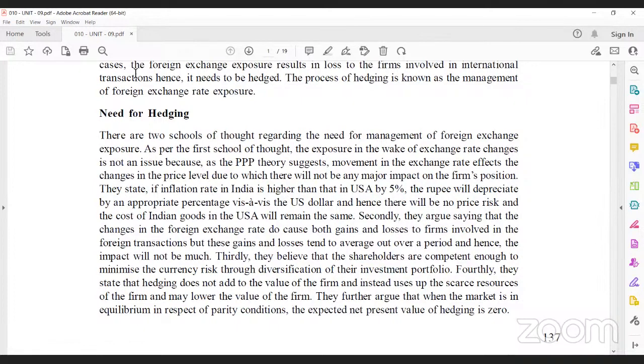So diversification is the thought. Fourthly, in a state where hedging does not happen, they use up all the resources. So they have a further argument that when the market is in respect of parity conditions, the expected net present value of hedging is 0.